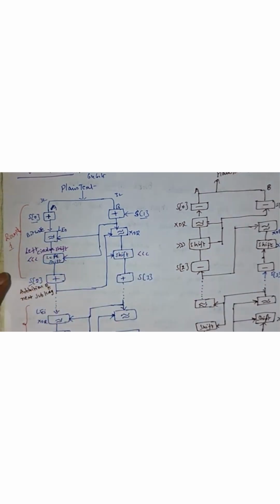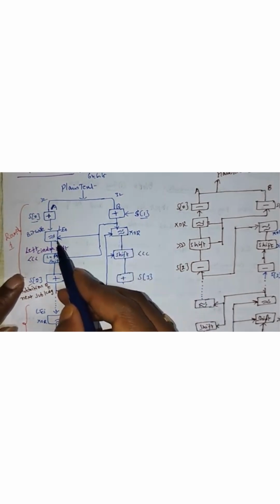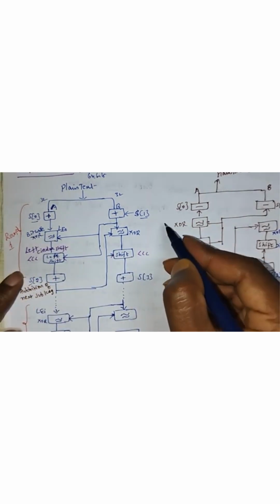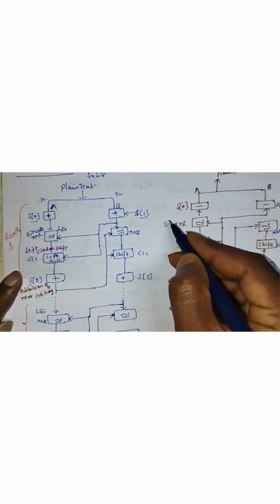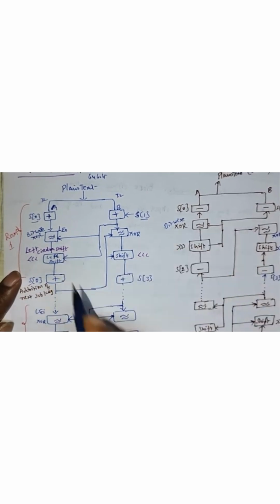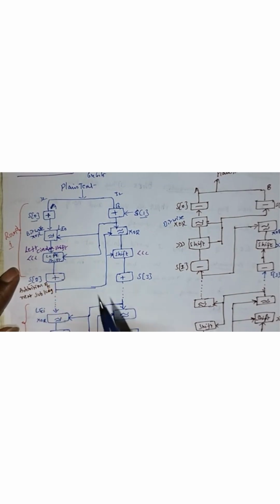This symbol is nothing but a bitwise XOR operation. On the left side it is a bitwise XOR operation, and it is also a bitwise XOR operation here. After the bitwise XOR operation, what is the result we are getting?